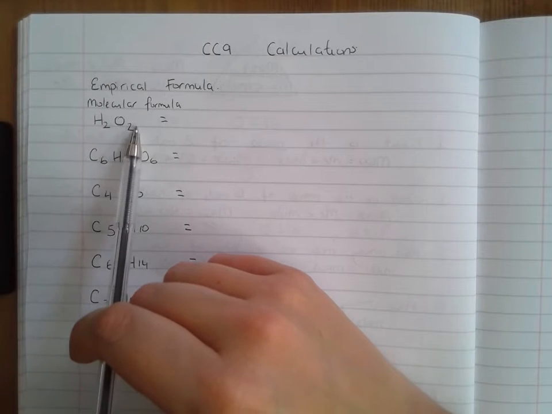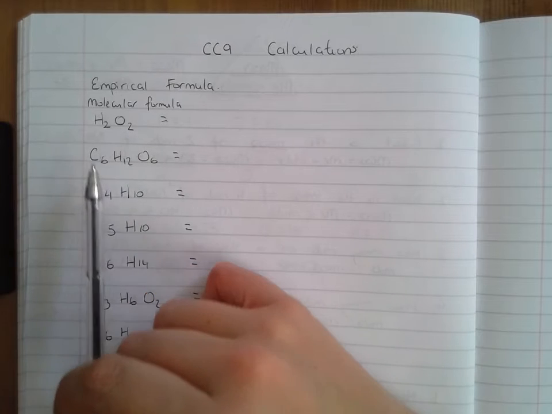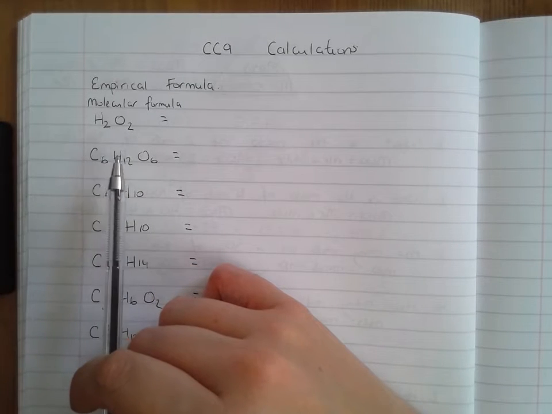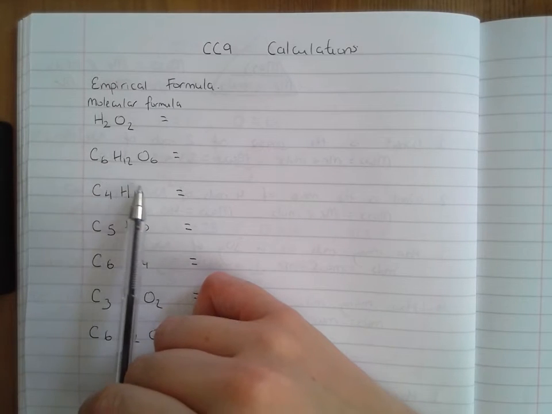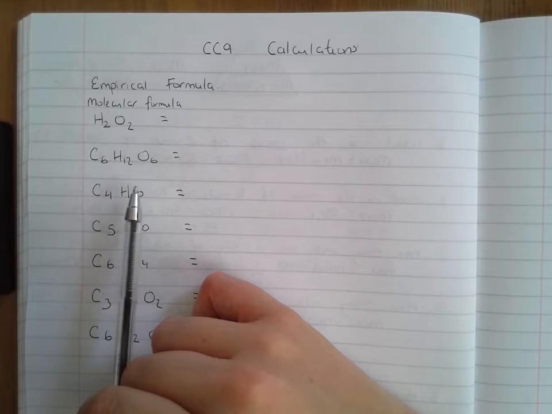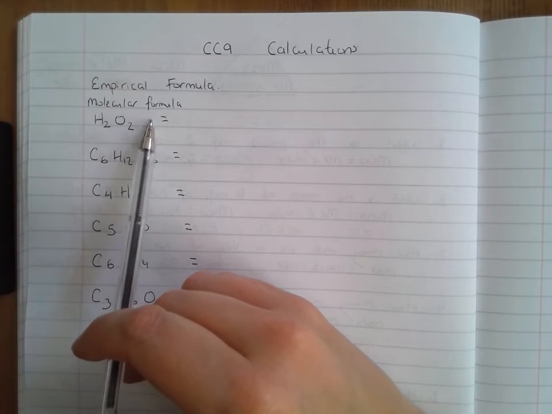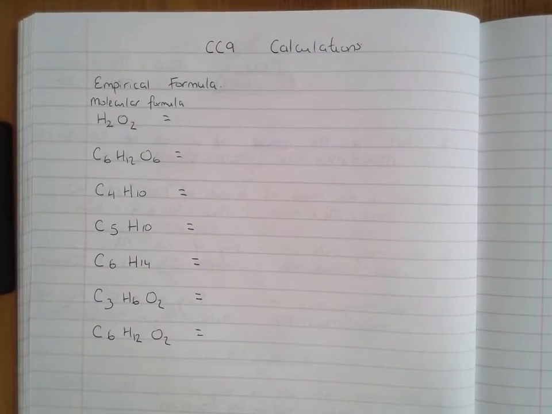H2O2 tells me I've got 2 hydrogens and 2 oxygens. C6H12O6 tells me I've got 6 carbons, 12 hydrogens and 6 oxygens. C4H10, 4 carbons, 10 hydrogens. This is the molecular formula because it tells me exactly how many atoms I have got in a molecule.